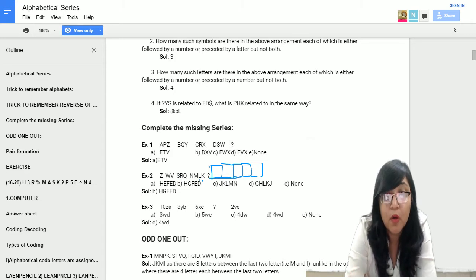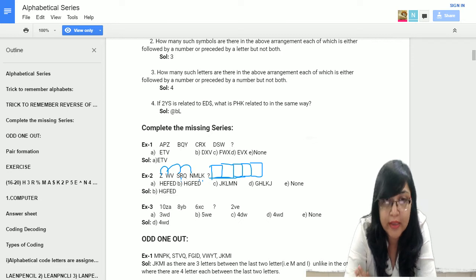But if you don't know the first element, how will you complete the series? For this, you have to relate the first elements of the series. Now see, in such type of questions, if you go through alphabets, it will be difficult.